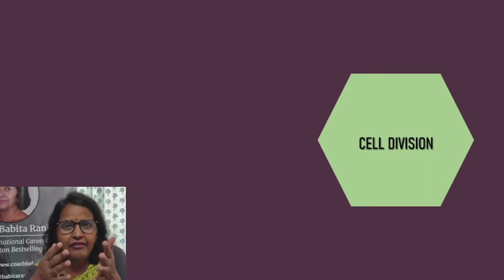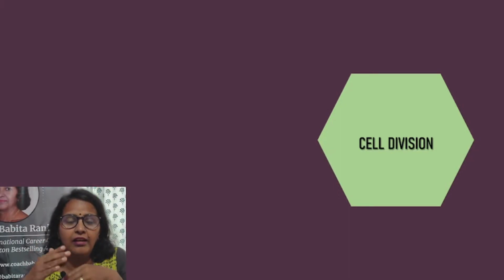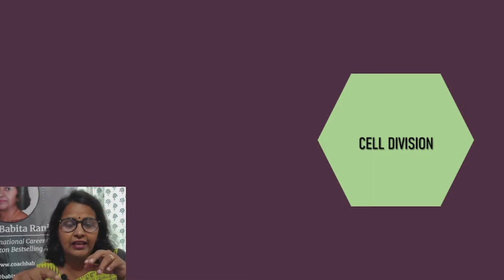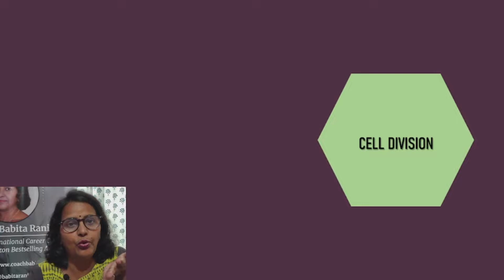You might have had an injury, your hand or your leg gets injured, but after some time you see that new cells come and your injury is totally healed. How is that done? It is done with the help of cell division that takes place in the cells present at the place of injury. So these are some of the uses of cell division: helping in growing, helping in replacing damaged cells.